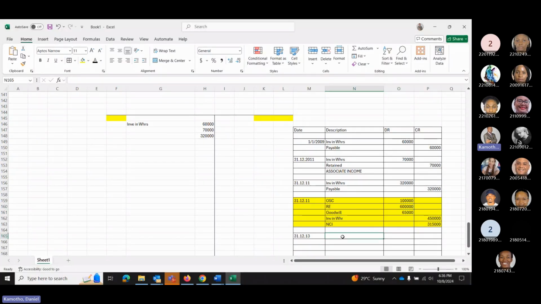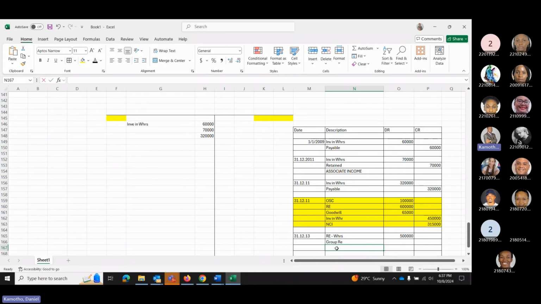This is post-acquisition earning, after it became a subsidiary, and that amount is 1.1 million minus the 600,000, which is 500,000. That amount is going to go to group retained earning and NCI.